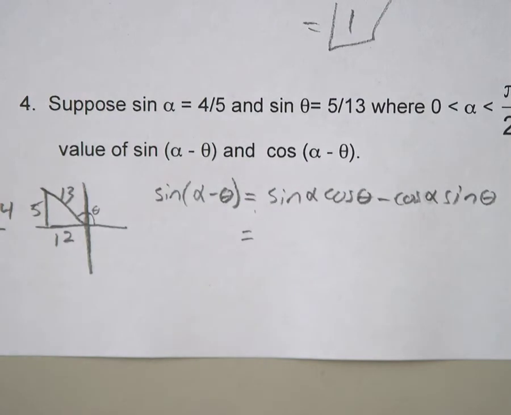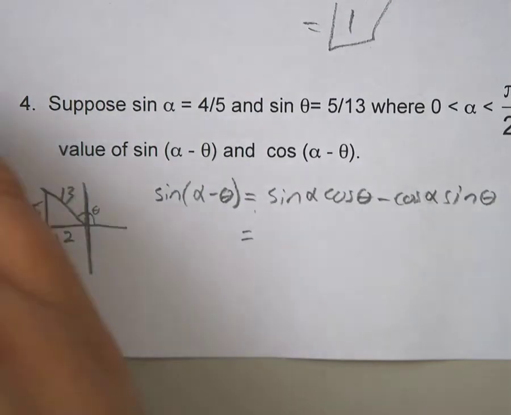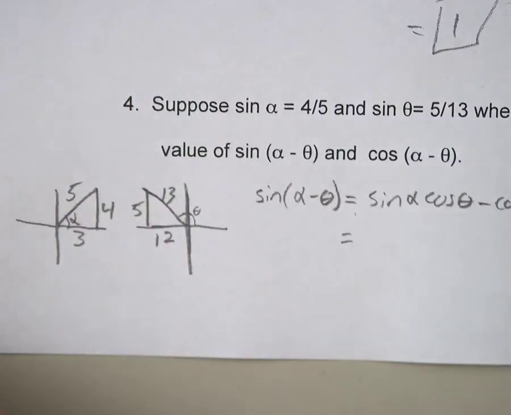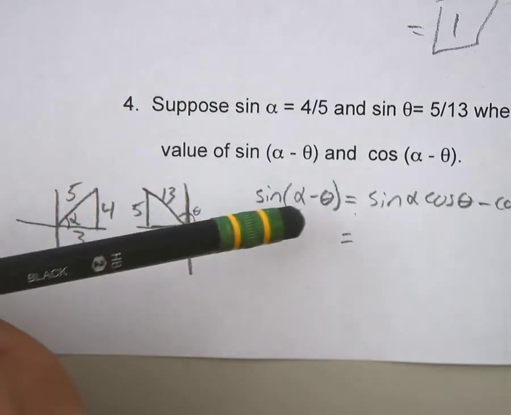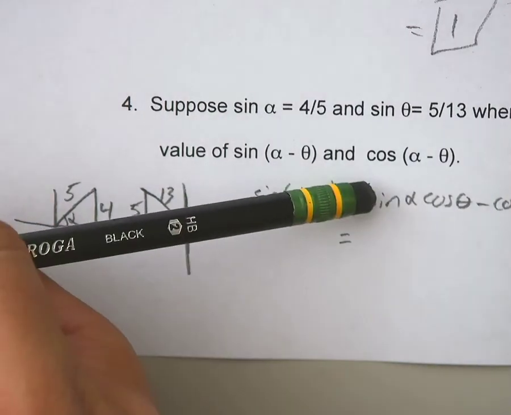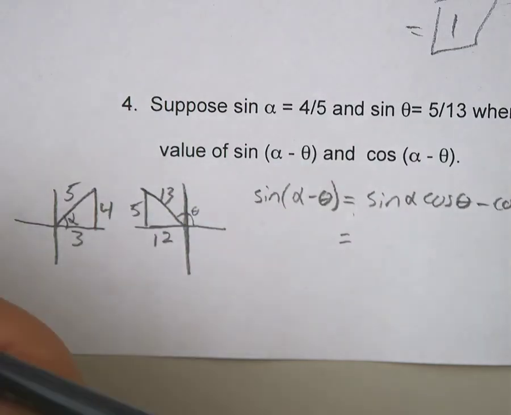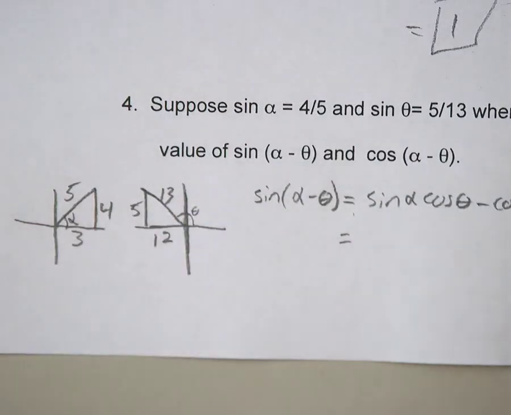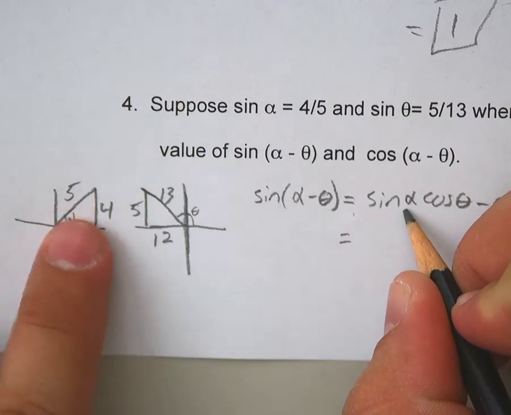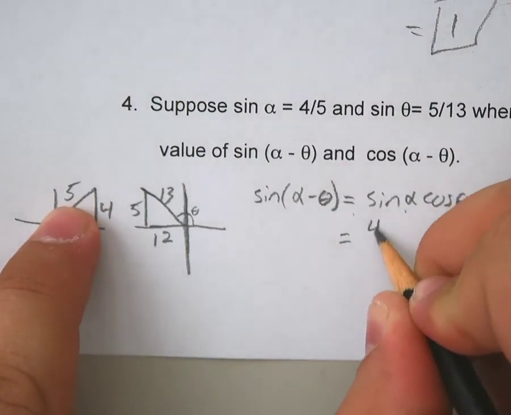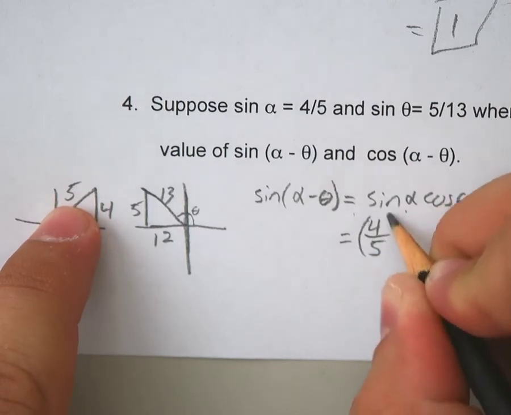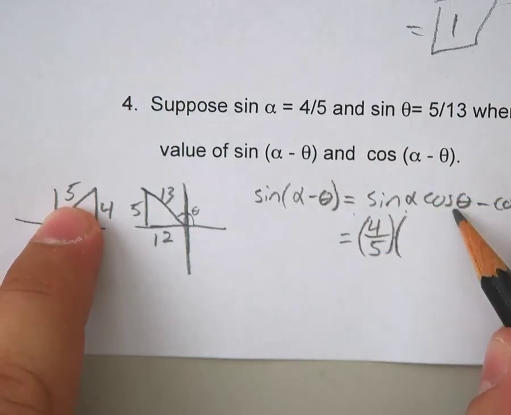All right, so now it's up to me to come up with the missing bits to this. Here's the reason I went ahead and labeled my x values. It's asking for the cosine of theta. Once you write down the formula, at this point it's easy sailing, because all you have to do is look at alpha. What's the sine of alpha? 4/5. Times, look at theta.